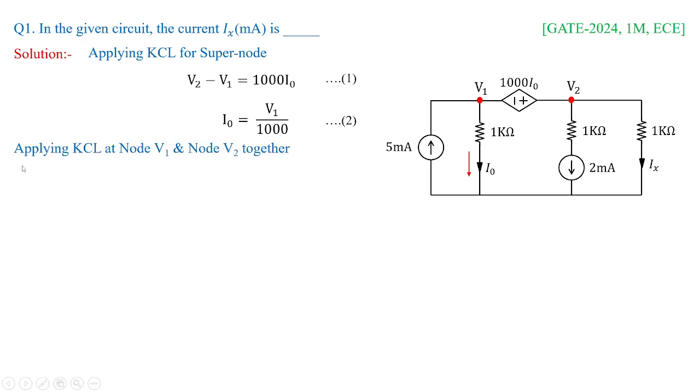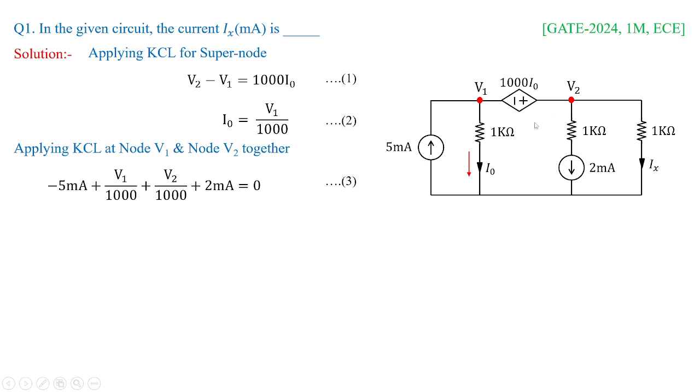Then applying KCL at node V1 and node V2 together, because we are following a supernode analysis. For that, minus 5 milliamperes of current which is flowing towards node V1 plus V1 by 1000, those are the two branch currents which are applied to node V1.